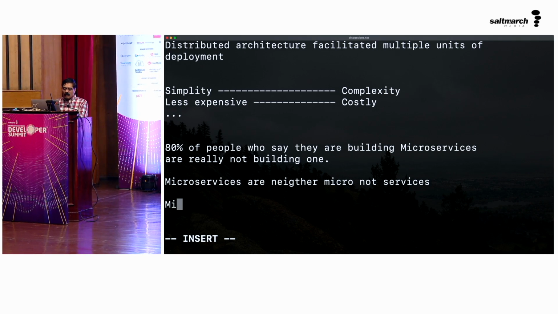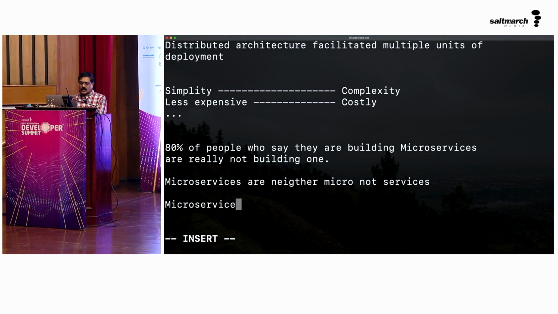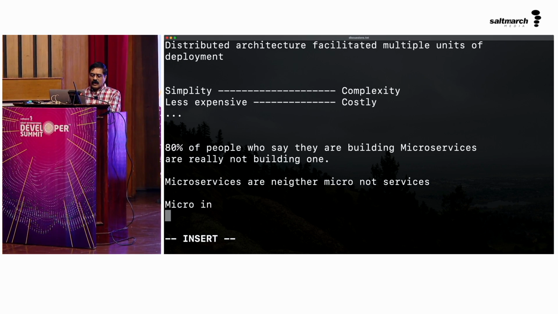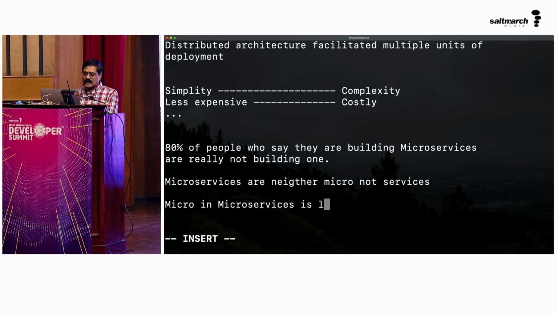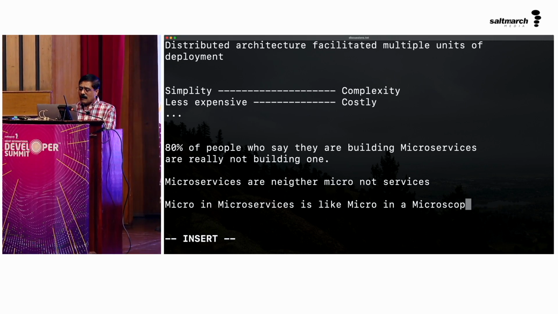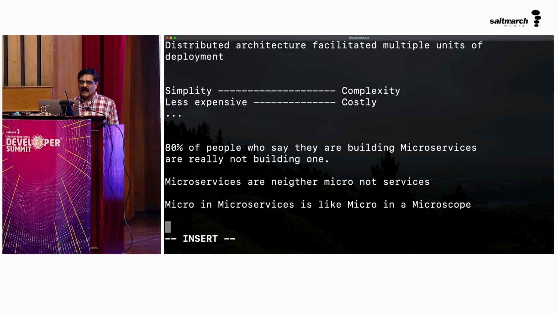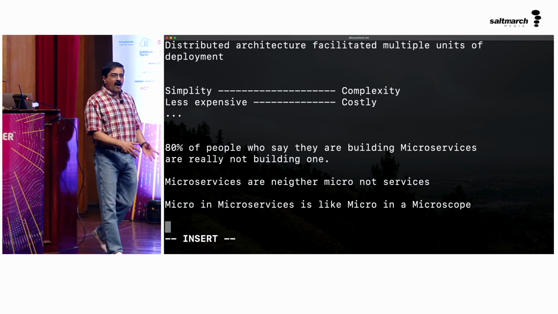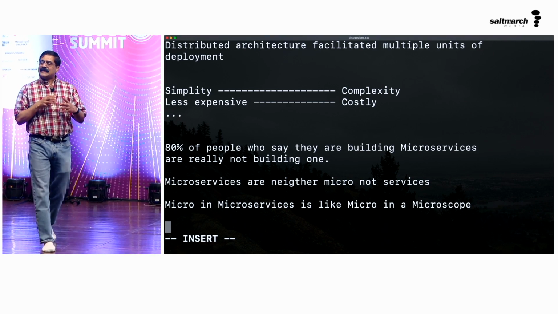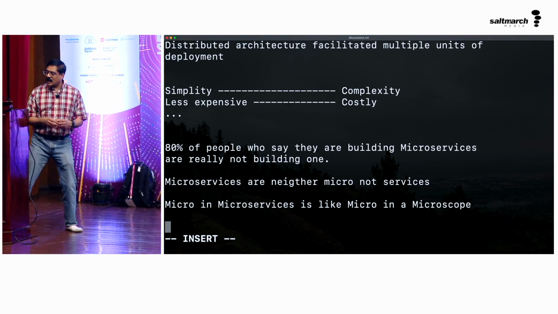So this is my definition of what I feel it is. The micro in microservices is like the micro in a microscope. A microscope is actually fairly big. What is small is what it is looking into. So this is exactly what we are focused on here.